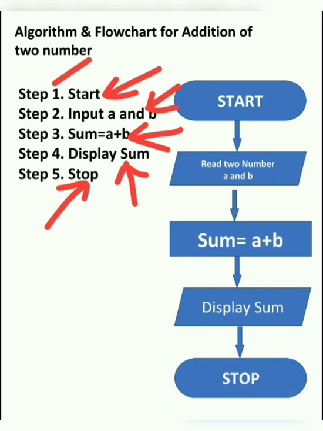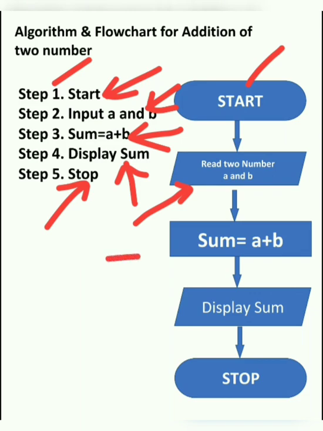For start and stop you have to use oval symbols, so write start in the oval shape. For input and output you use the parallelogram symbol. So this is your input, two numbers A and B; write them in the parallelogram.